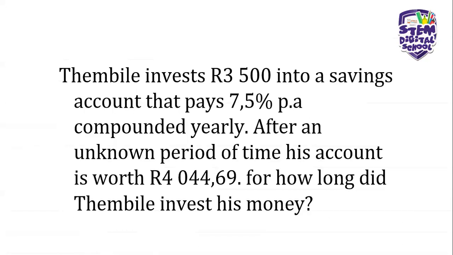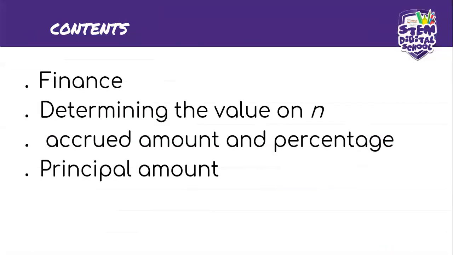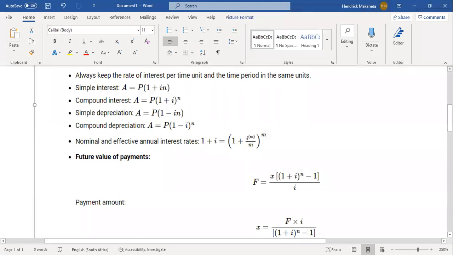And I spoke about this when we started our lesson. I'm sure you'll recall, and this is what I said. I just want to go back to what I said in the beginning. Yes, this is the slide. I said to you that if you look at the first 4 formulae, the third one there is simple depreciation, and we said that A is equal to P open bracket 1 minus in.